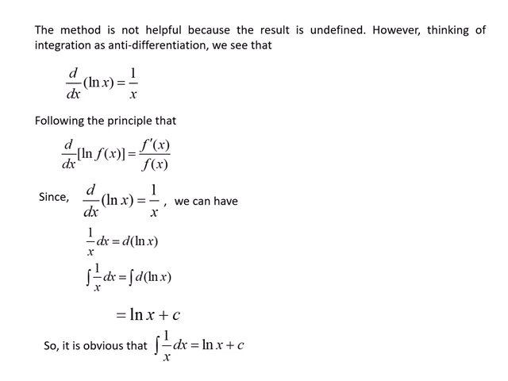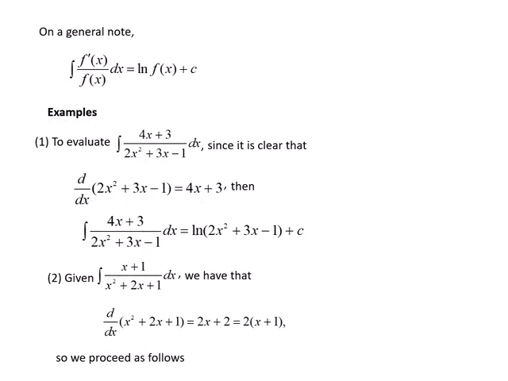Then we take the ln of the denominator, which is s. Then it becomes ln s plus the arbitrary constant. So that's about that area. So we now move on.